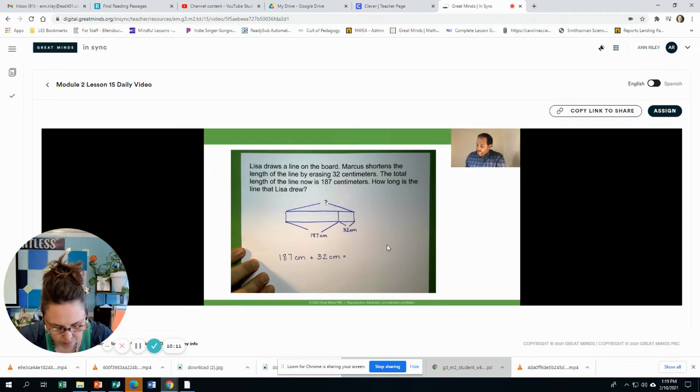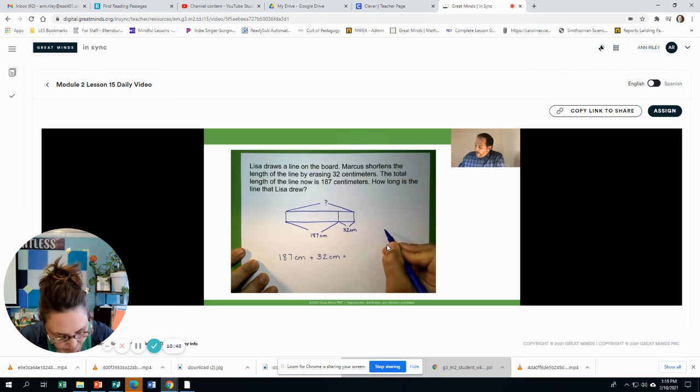And I looked at that problem and I said to myself, could I use a simplifying strategy to help me solve this problem mentally? And I thought, well, to make a 10 here, I would need 8 more. I don't really have 8 ones to take from that. And to make a new 10 here, I would need 3 more. And I don't really have that here. So, I think I'm going to use the standard algorithm to solve this problem.